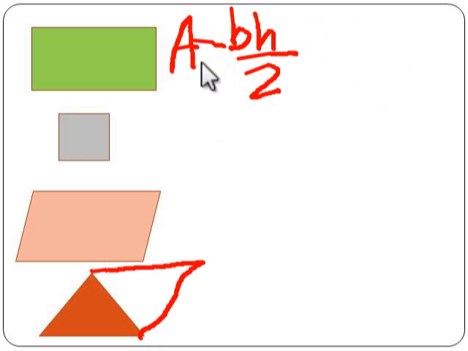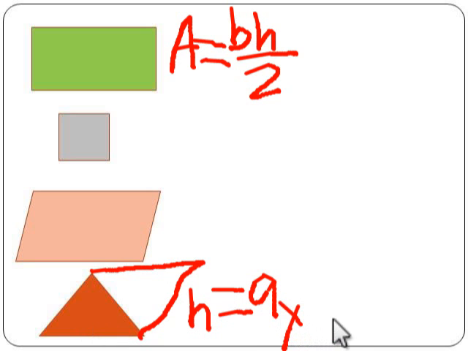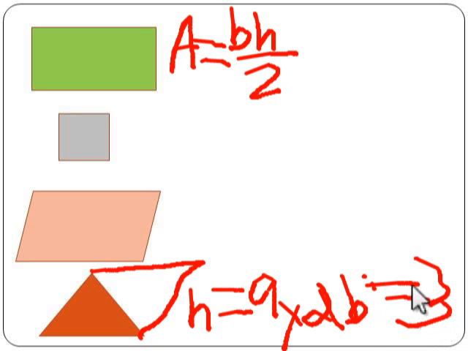Okay, so in this case, let's say for this triangle, the height is 9 yards, and the base is 3 yards. My yards isn't going to fit, so just pretend that it's there.